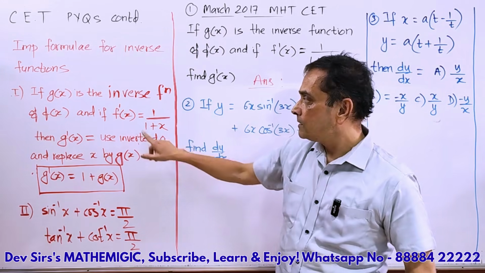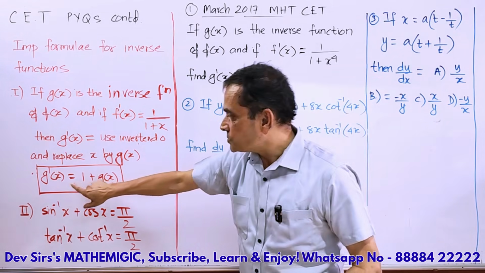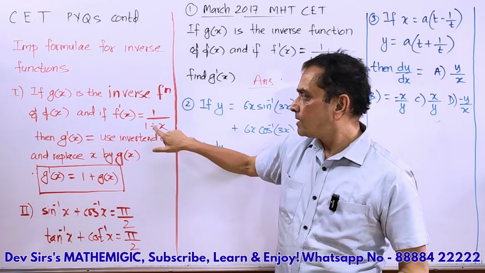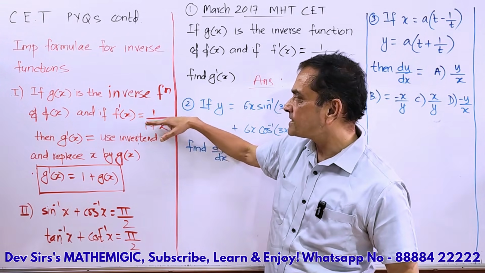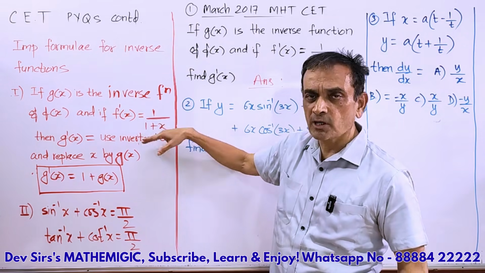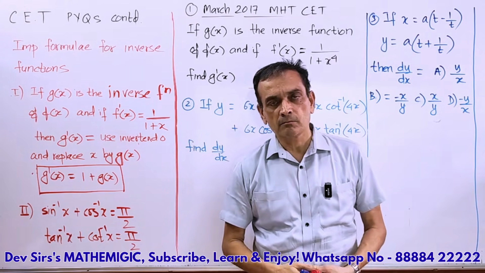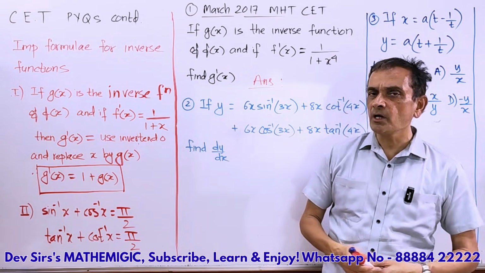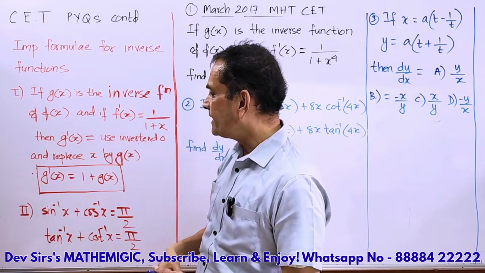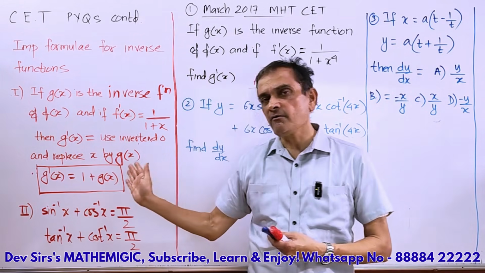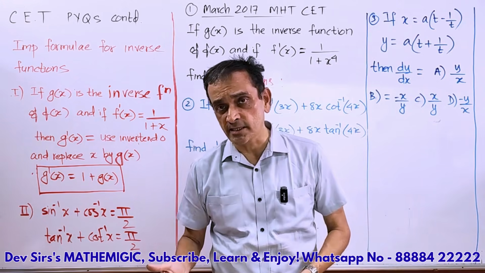So what do you get? g dash x equal to, use invertendo means 1 plus x goes above, reciprocal करना है, and replace x by gx. That is the answer. That is one of the formulae for inverse functions. इसका derivative भी है, लेकिन that theory you are not going to waste time in writing all these things.